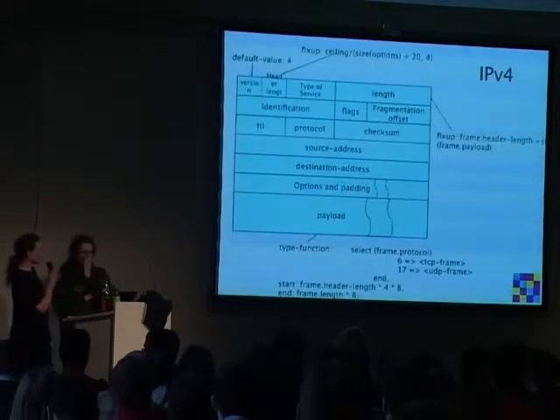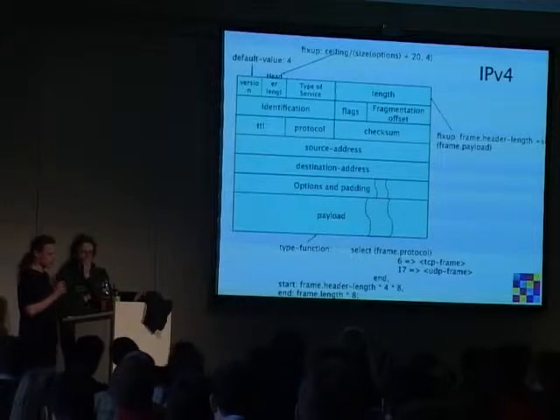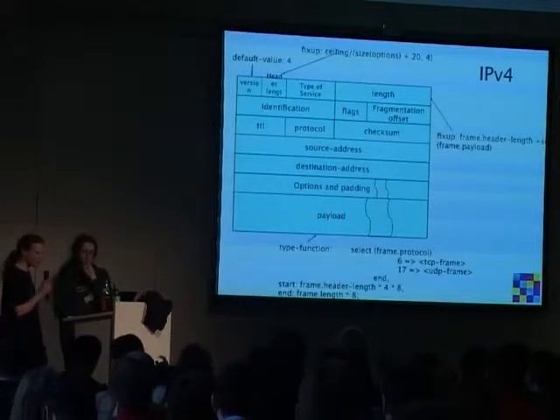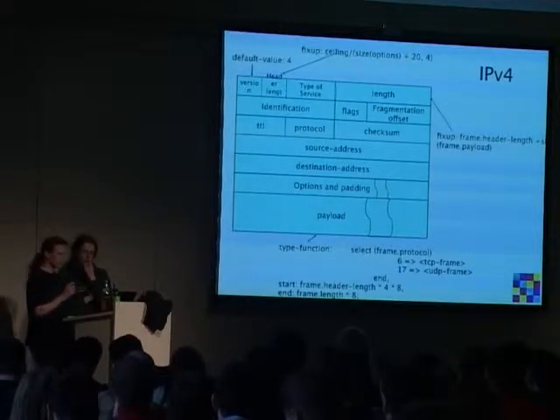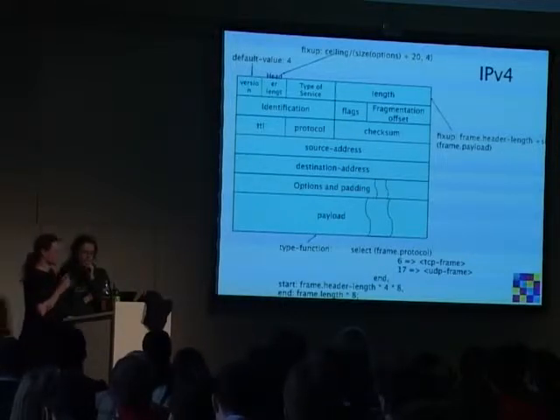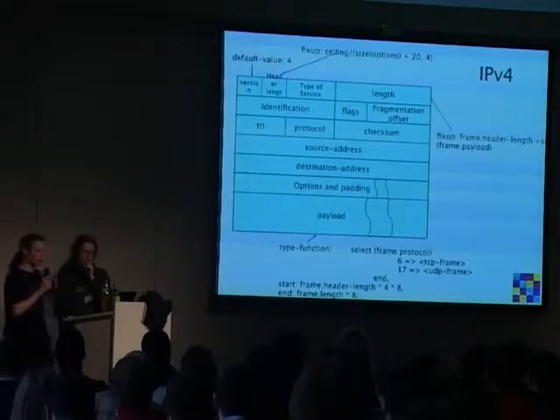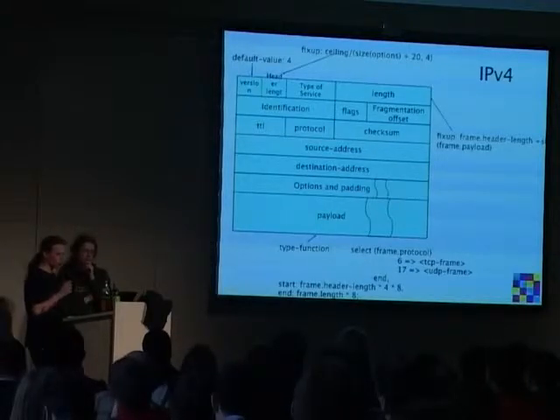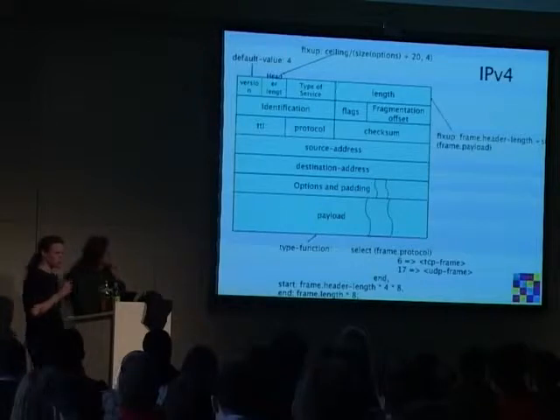Yeah, the next example is IPv4. It's a bit more difficult because IPv4 has some special properties. So we implemented things like default values. The version field of an IPv4 frame is always 4, or should be 4.